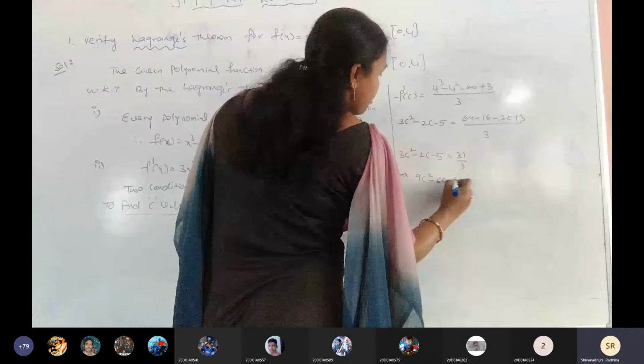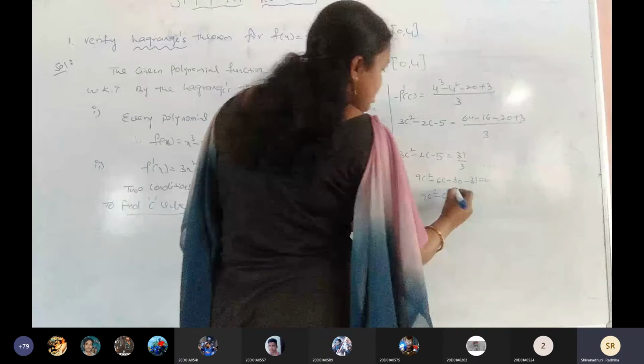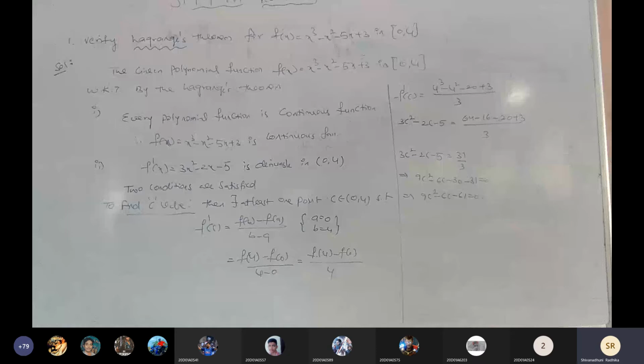Again the cross multiplication: 9c square minus 6c minus 30 minus 31 equals 0, or 9c square minus 6c minus 61 equals 0. Any cancellation? And by now, ma'am, in the denominator there is 4 in place of 3.